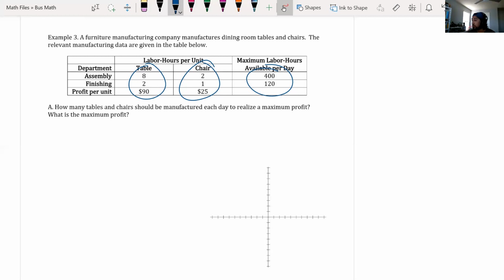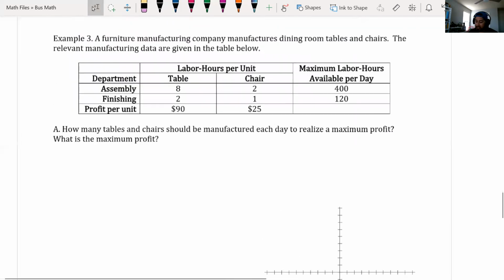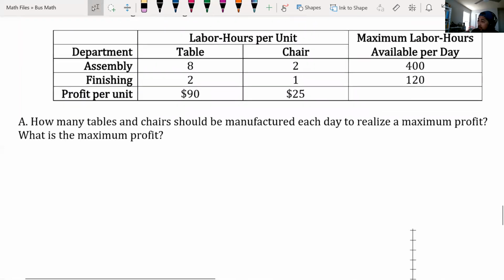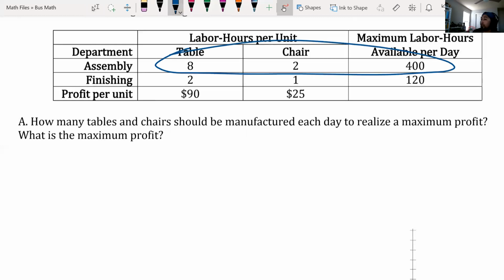So our job is to create linear inequalities, and we even have to create the objective function for this problem. So let's do that based on all this information, which means we're going to need an equation that represents assembly and one that represents finishing. For assembly, this will be equation 1, 8x, where x represents tables, plus 2y, and we can have up to 400 labor hours per day.